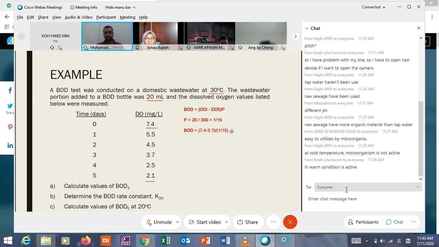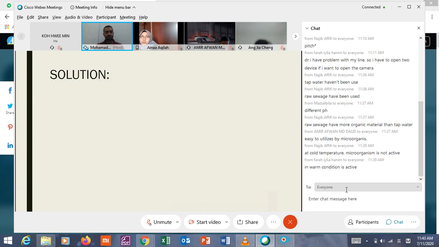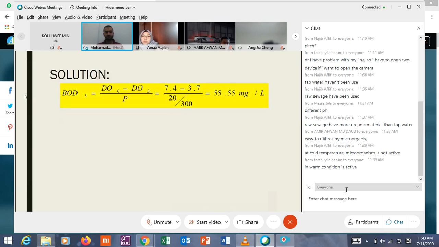So this equals the final value of BOD. Let us see in the solution. First we have BOD3 is DO initial minus DO final over P. The P is 20 over 300. The BOD at 3 is 7.4 minus 3.7 over 20 over 100.